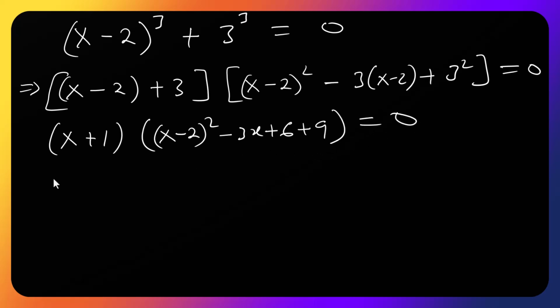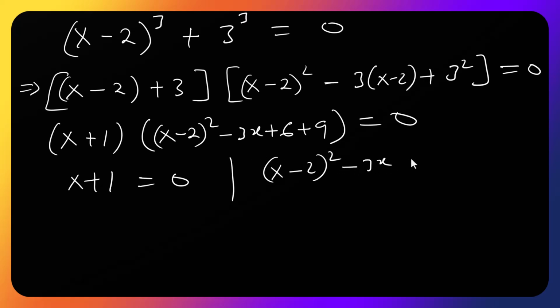So this side will be the zero product, which means x plus 1 equal to 0, or this side (x minus 2) all squared minus 3x plus 15 equal to 0. So the first answer is x equals minus 1.